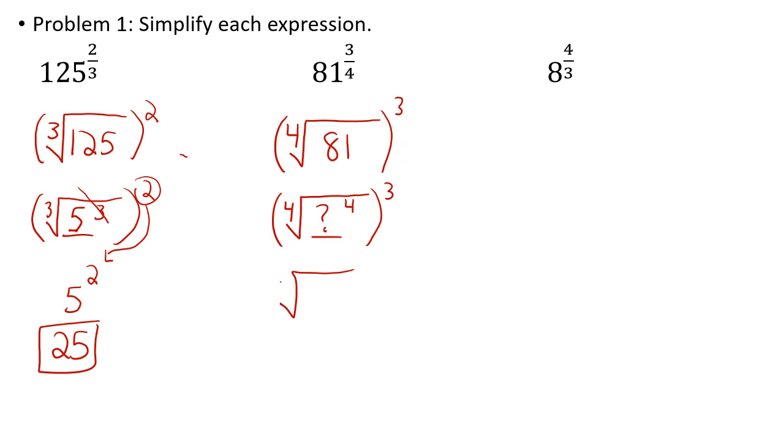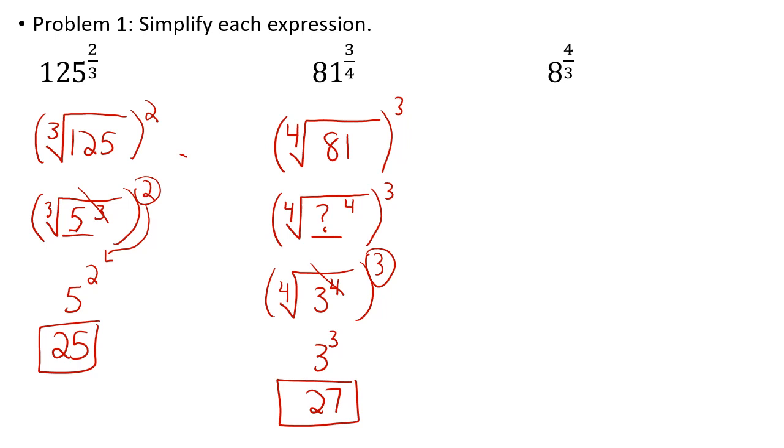Spend a little time on your calculator, and you'll find that 3 to the fourth power is 81. And now the exponent and the index can cancel out the radical, leaving 3 to the third. Once again, don't forget about your exponent. And that would be 27. That's 3 times 3 times 3 is how you get that 27.